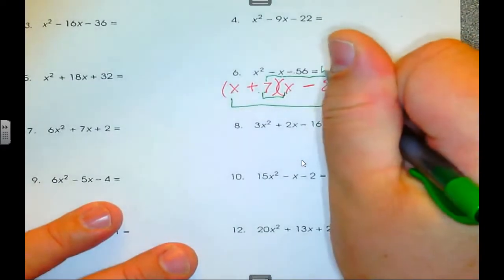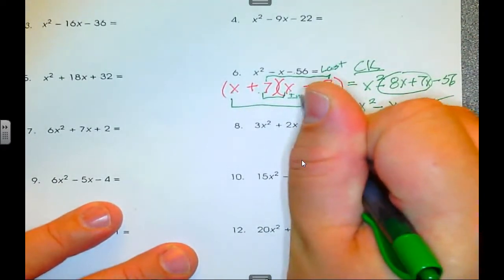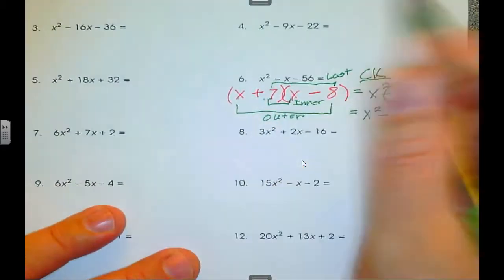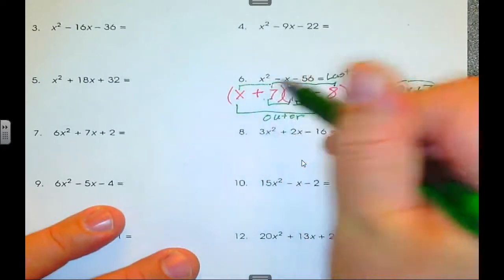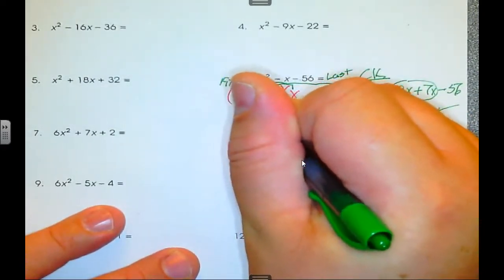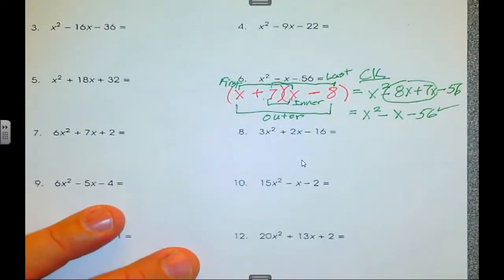That's last. Inner, outer, and then this would be first. That's how I get the acronym FOIL. F-O-I-L.